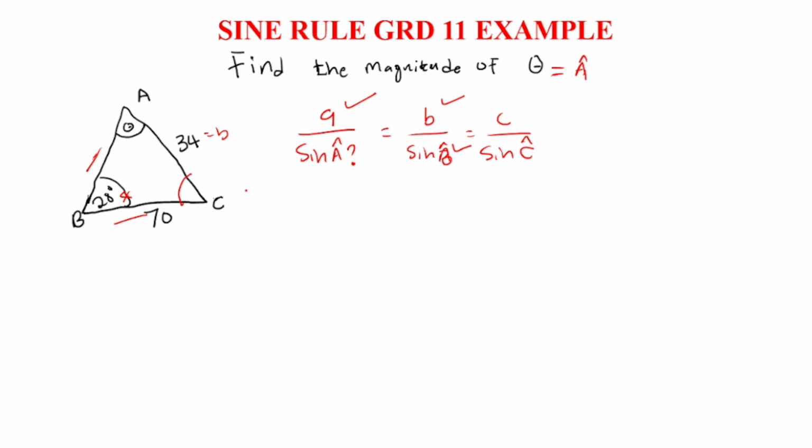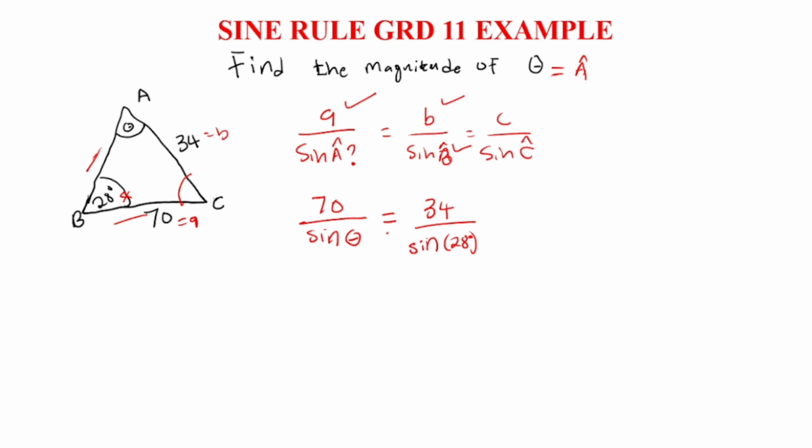So we're going to say a is given by this magnitude here, which is 70, all over sine of angle A, which is theta, equal to b, which is 3/4, all over sine of angle B, which is 28 degrees.